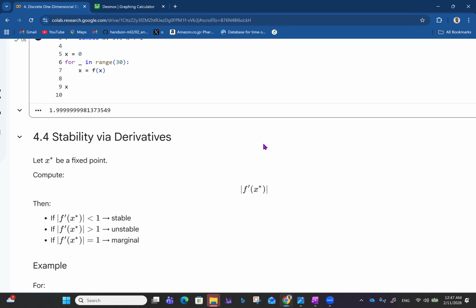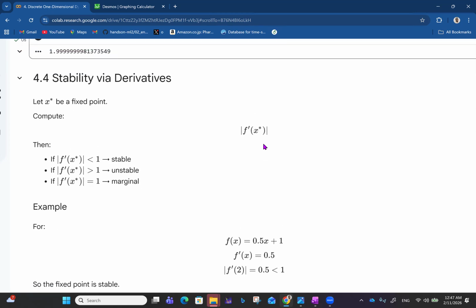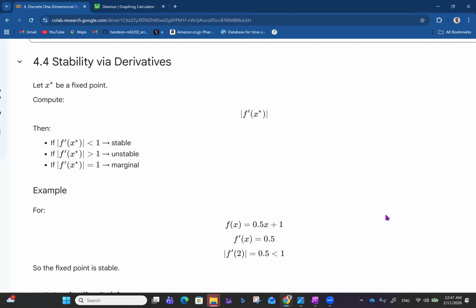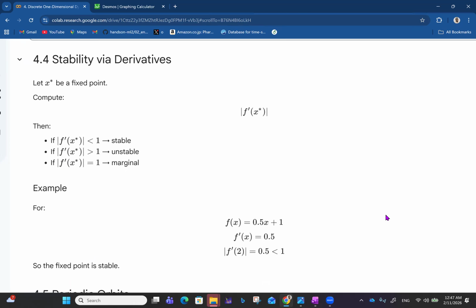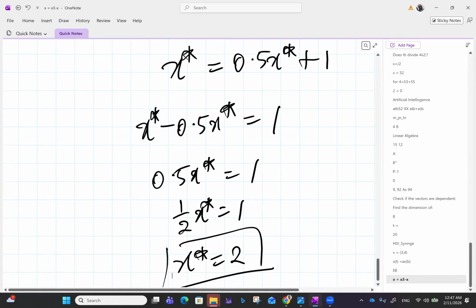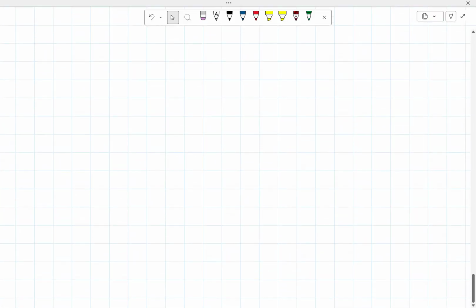So don't forget, to find equilibrium points for continuous systems, you equate f of x to 0, which is the right-hand side. You have nothing to do with the x dot or the dx dt. But for a discrete system, if you are given any x you see, just turn everything to x star.